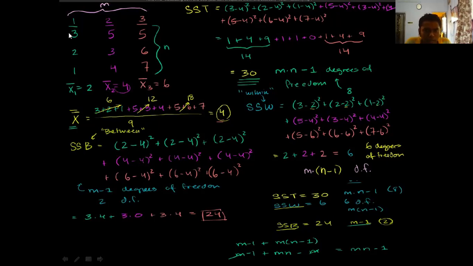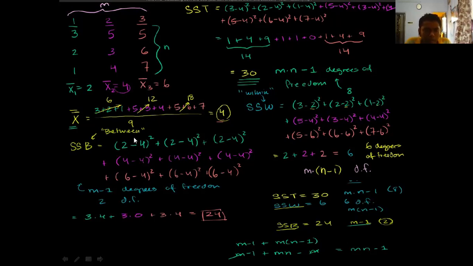So that's why your degrees of freedom here is 8. Okay. So this is your total degrees of freedom.